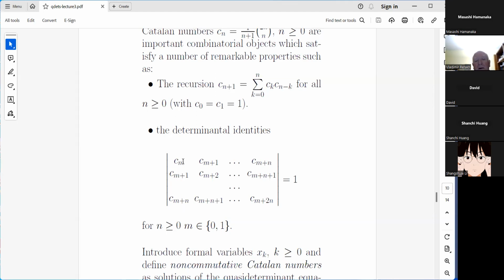If you demand that such determinants equal 1, then you can find solutions, and the solutions will be exactly the Catalan numbers which I defined before. They satisfy this recursion.